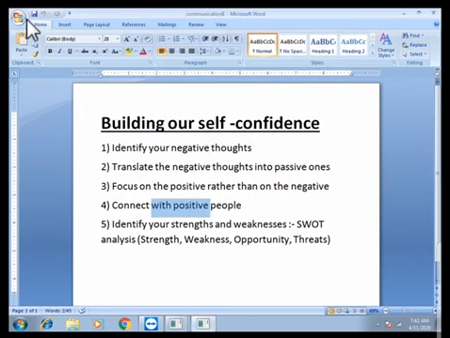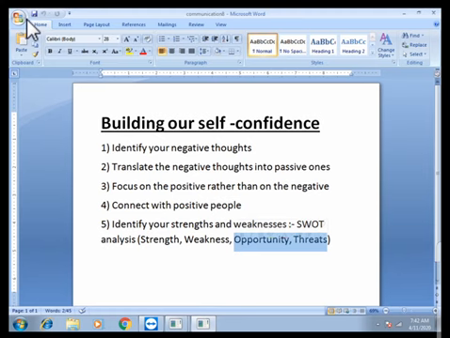Now, the fifth part, identify your strength and weakness. SWOT analysis, that is strength, weakness, opportunity, threats. This is a tool by which you identify and understand your strengths and weakness and the opportunities and threats that you face.